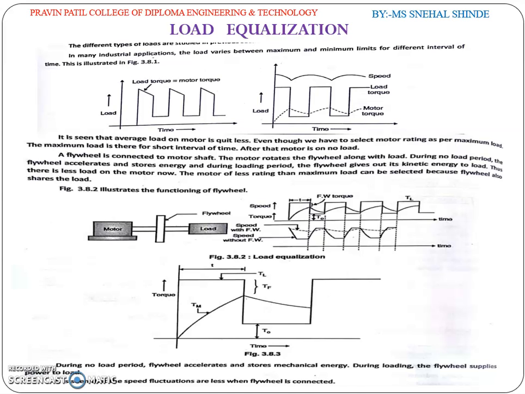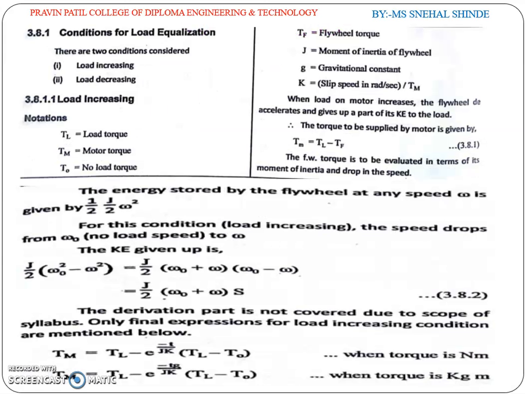It is thus practical to have a motor whose torque is not as large as the required load torque, the gap being adjusted by the flywheel. These are the conditions for load equalization.